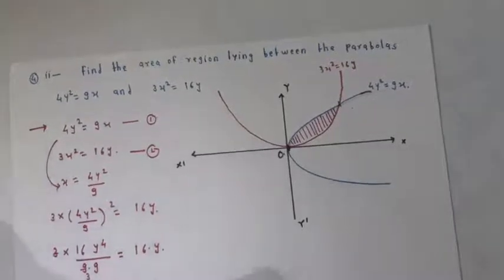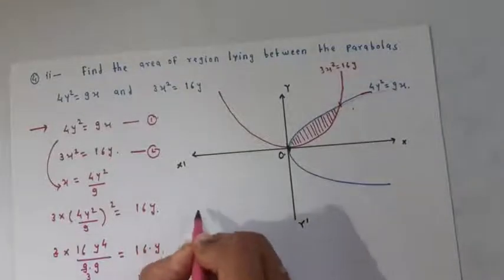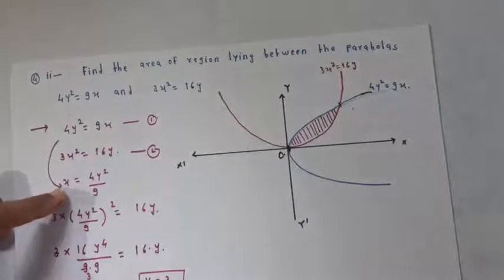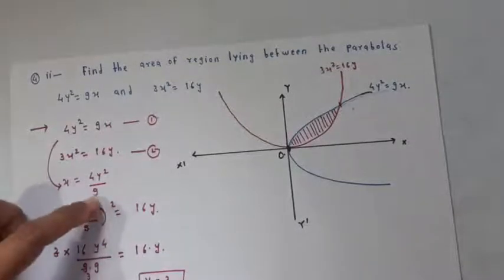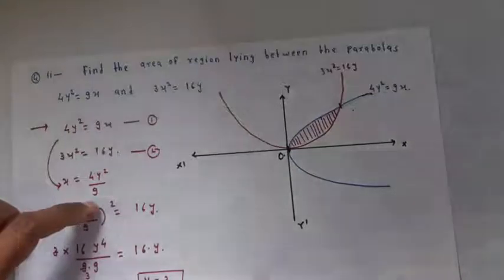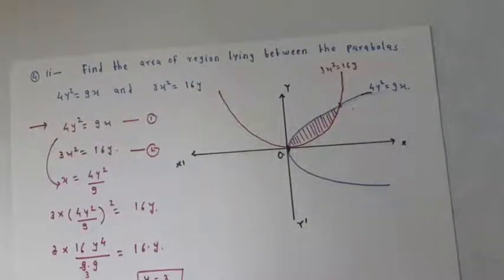Y cube equal to 27, this implies y equal to 3. At y equal to 3, find the value of x. Put it in x equal to 4y square upon 9, that is 4 into 3 square upon 9, and the 9 gets cancelled, so x equal to 4.